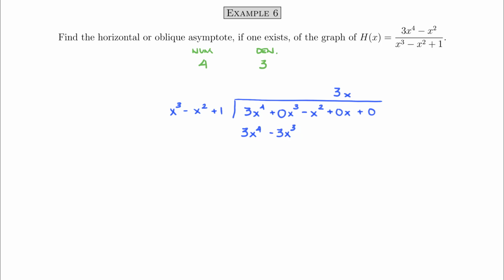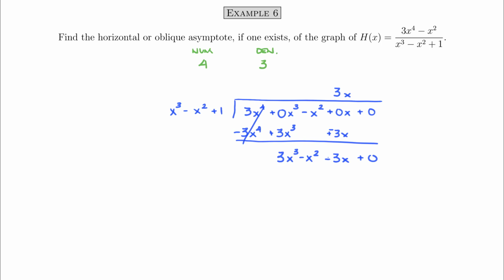Make sure I'm doing my multiplication right, guys, before I go on. Okay. And then it's going to be plus 3x. Now keep in mind with long division, we're doing subtraction of this line, so we need to change all of our signs. And these terms cancel. We get 3x cubed minus x squared minus 3x plus 0.